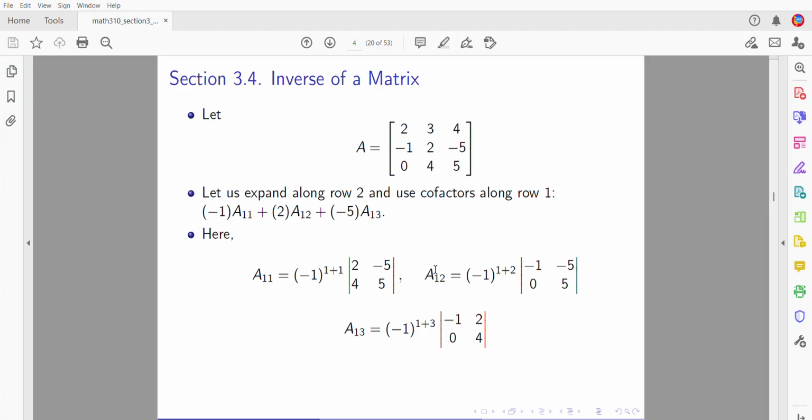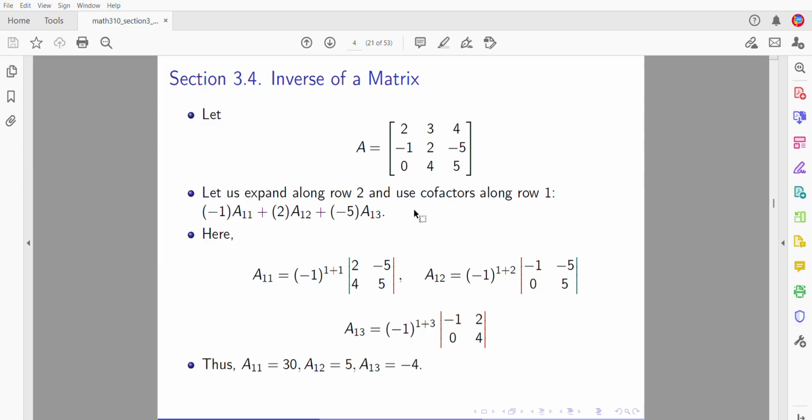That's the cofactor. Then A13: drop the first row, third column. Whatever is left, write it down, find its determinant, multiply by -1 to the power 1 plus 3. Remember, I'm using second row entries and first row cofactors.